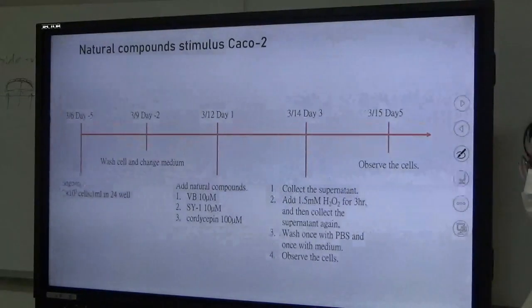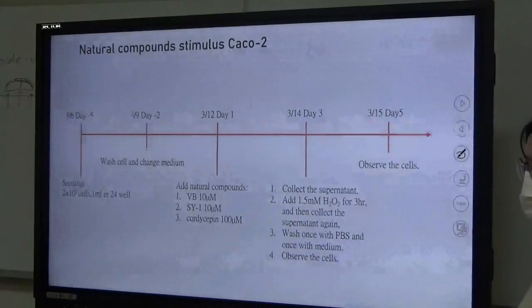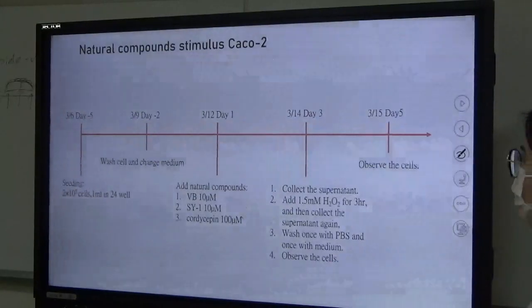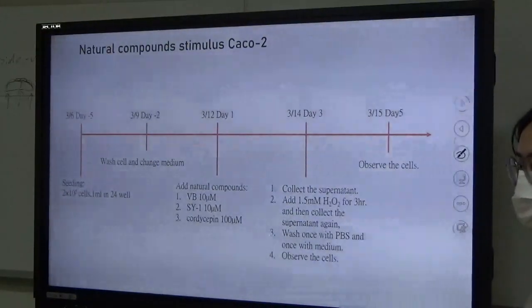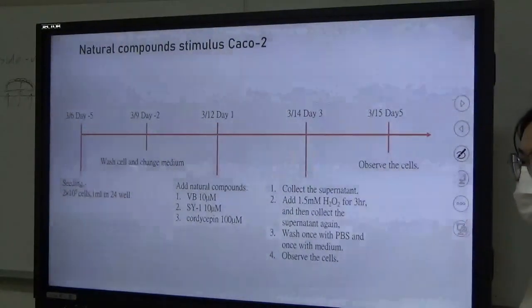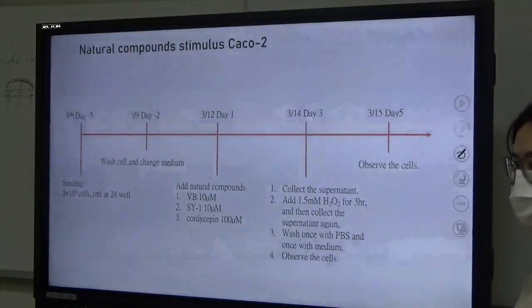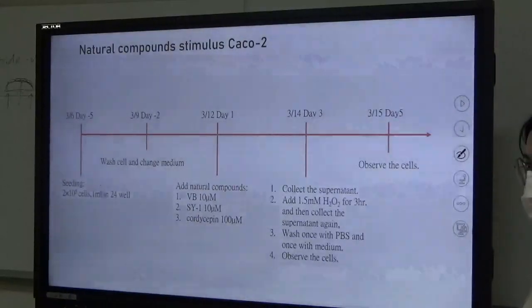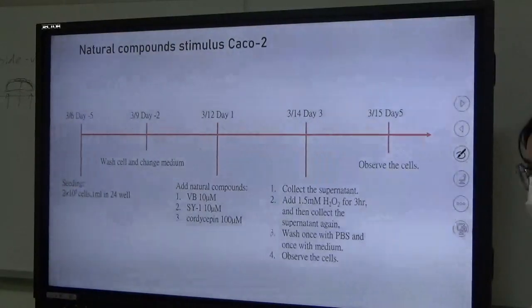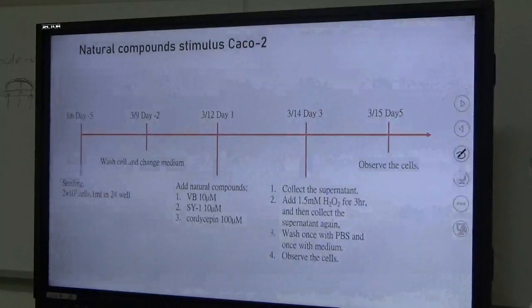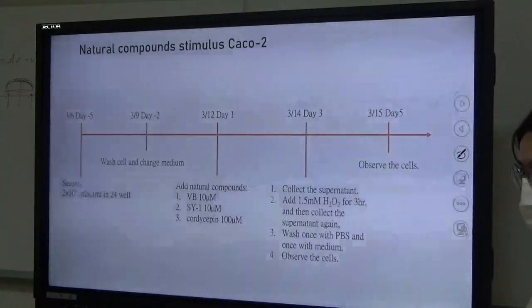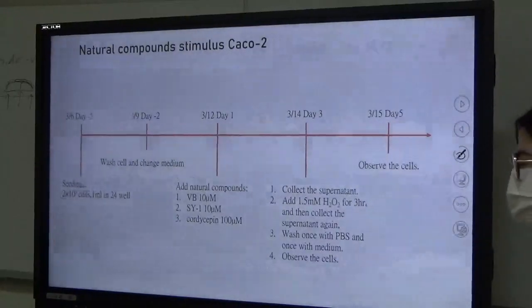If you find confluence on the 12th, you need to culture for one week, from the 12th to the 19th. And then you can start the experiment with the addition of the natural compound. Thank you.